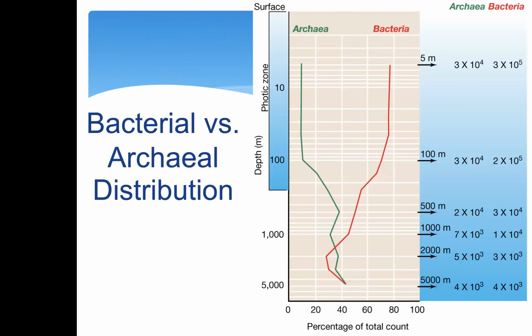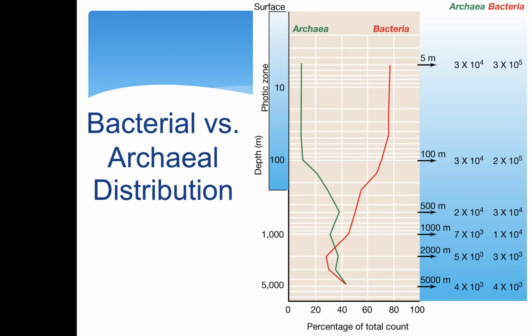So as we discovered the importance of both bacteria and archaea in the ocean, researchers went around the world and they counted up using specific approaches to count genotypes of bacteria separate from archaea called FISH, or fluorescent in situ hybridization. We're going to talk about that in a few weeks.